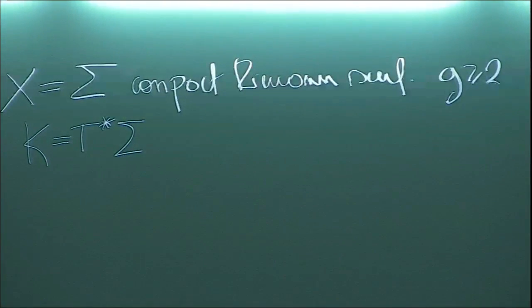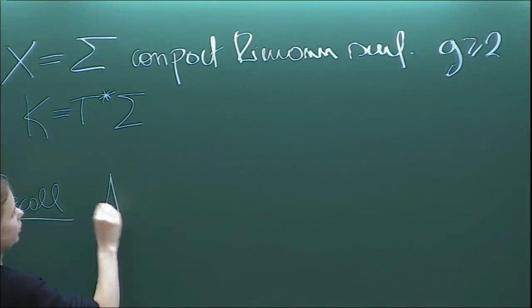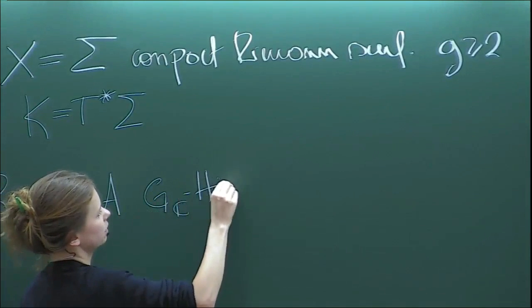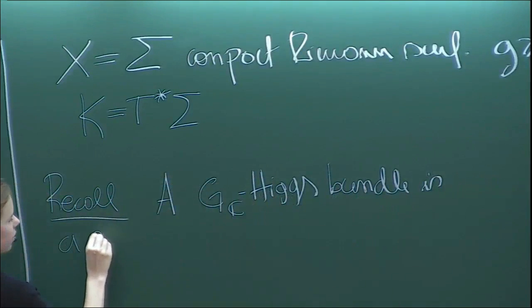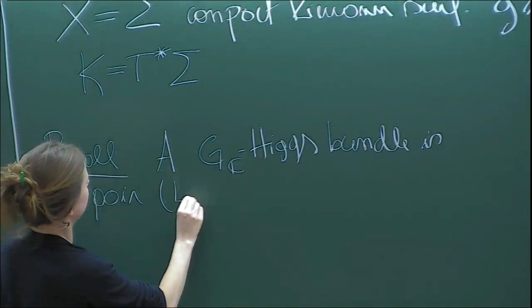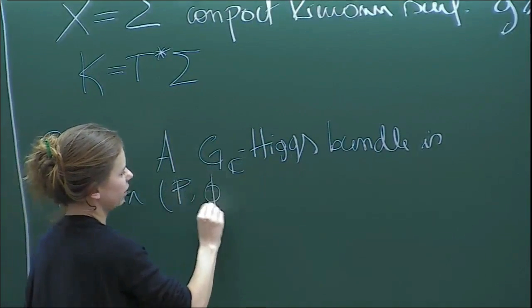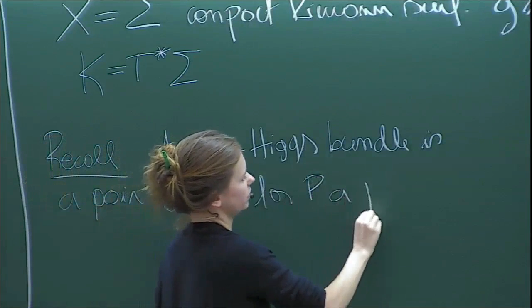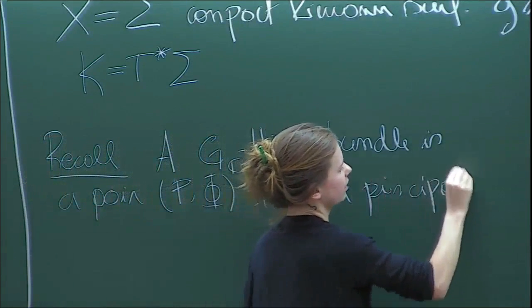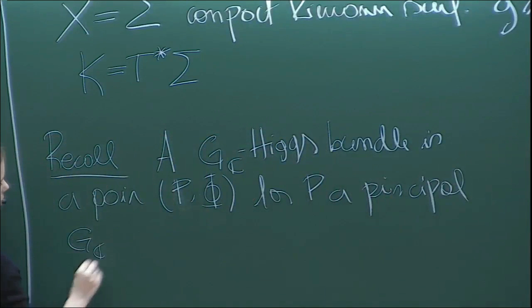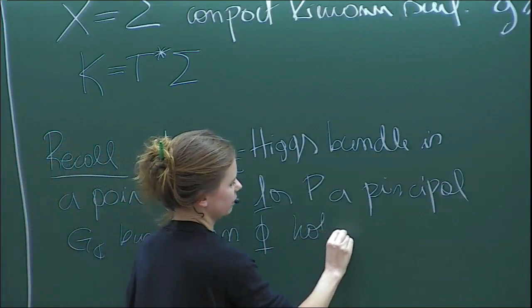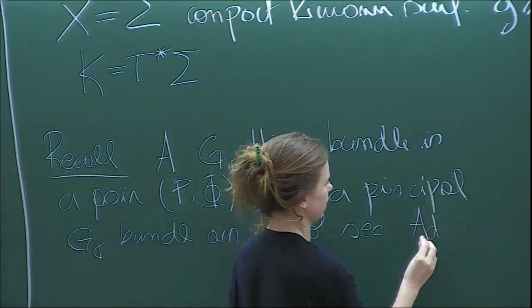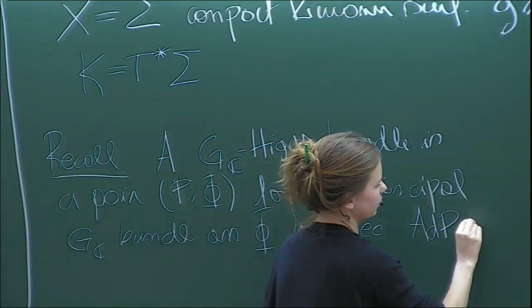And recall that a G_C Higgs bundle is a pair (P, phi), P a principal G_C bundle, and phi a holomorphic section of the adjoint bundle associated to P tensored with K.